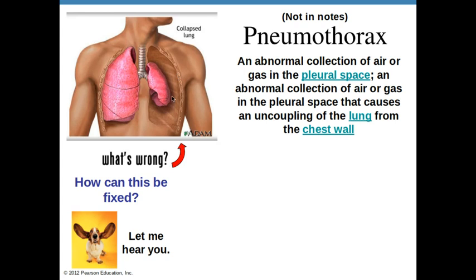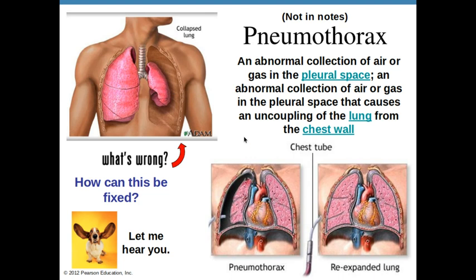So we have air in this pleural space where there should only be fluid. You actually don't even see it, but it's there. Here we have air where only fluid should be between these two membranes that should be close together. We call that a pneumothorax when we have air in the pleural space, and we have a collapsed lung.